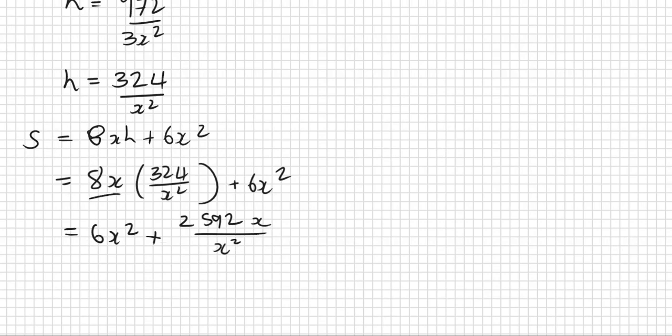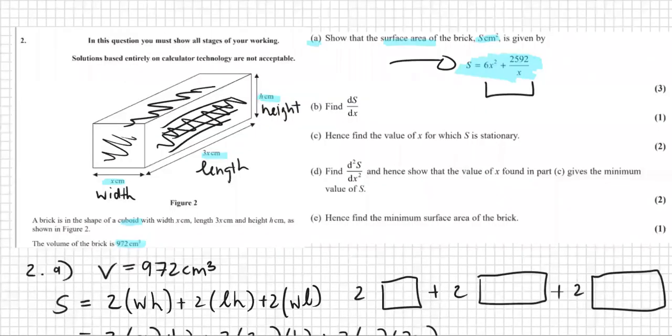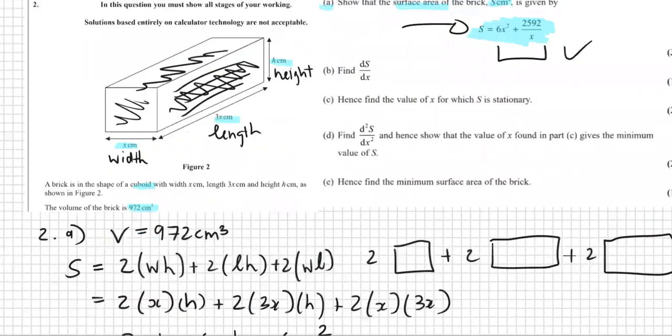And if we cancel one of those x's, the final answer is 6x squared plus 2592 over x. And let's check if that is correct from our instructions. Yes, okay. That concludes part A.